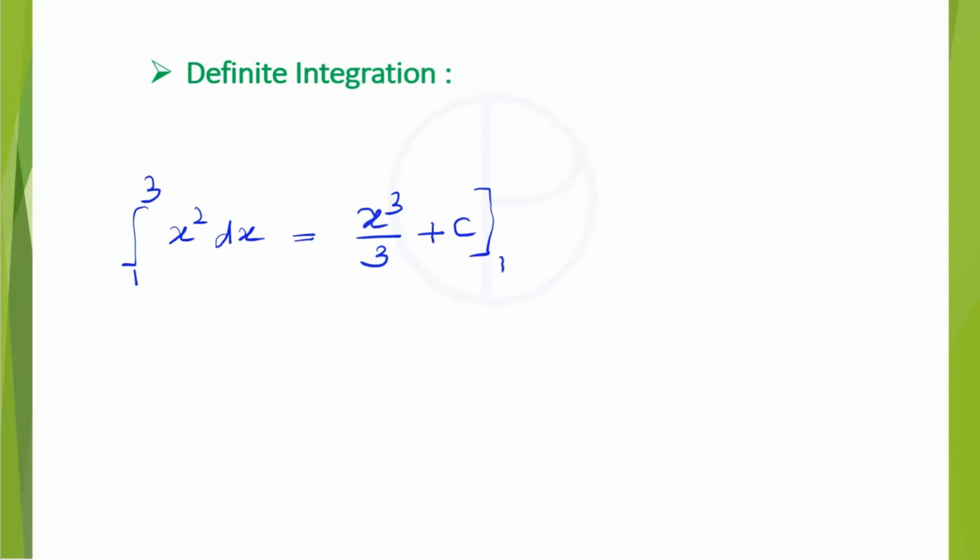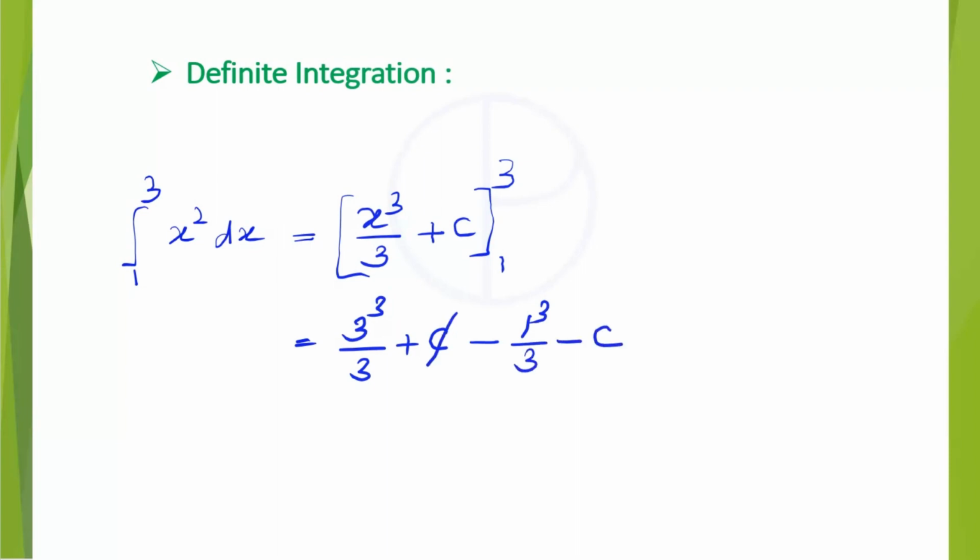The limits are 1 to 3. First you need to apply the upper limit, then you have to apply the lower limit. Upper limit is 3 cube divided by 3 plus c minus the lower limit, that is 1 cube divided by 3 plus c.